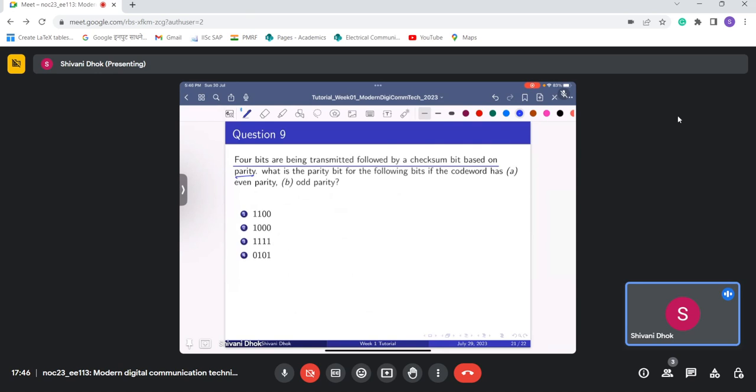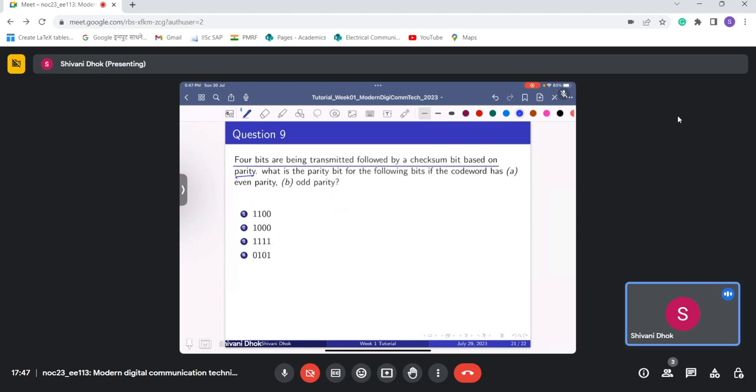If you remember, in one of the lectures it was mentioned that we can add some 5th bit or some additional bit with the data bits in order to see if there are some errors or not. One way to do that is by checking parity.